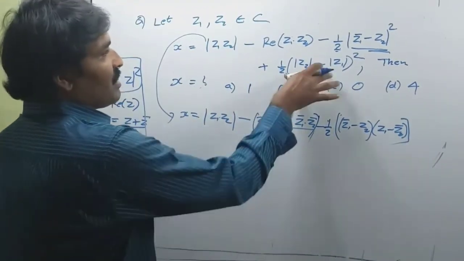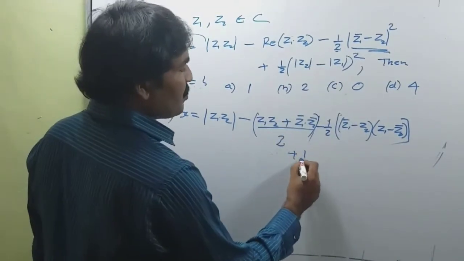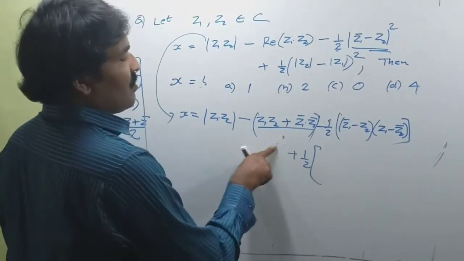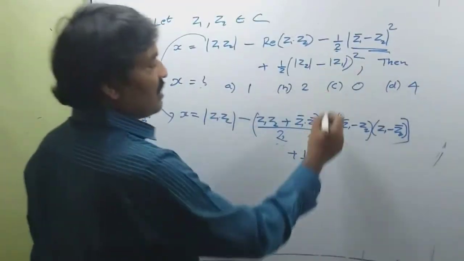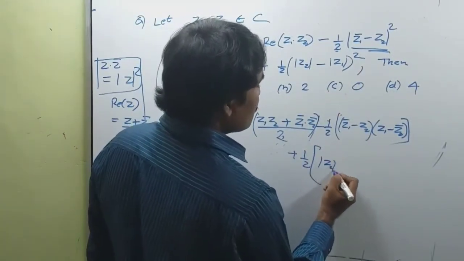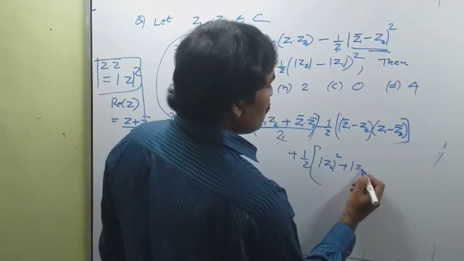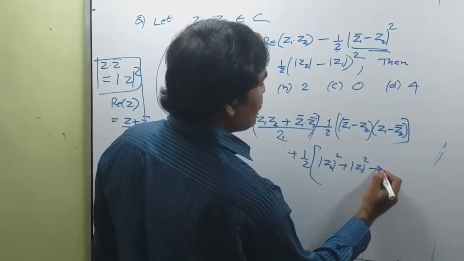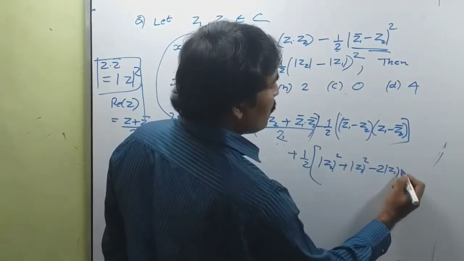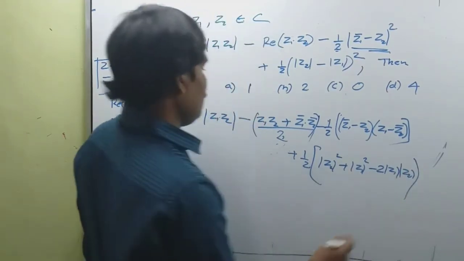Plus this term becomes 1 by 2 into, squaring this term, mod Z2 square plus mod Z1 square minus 2 mod Z1 mod Z2.